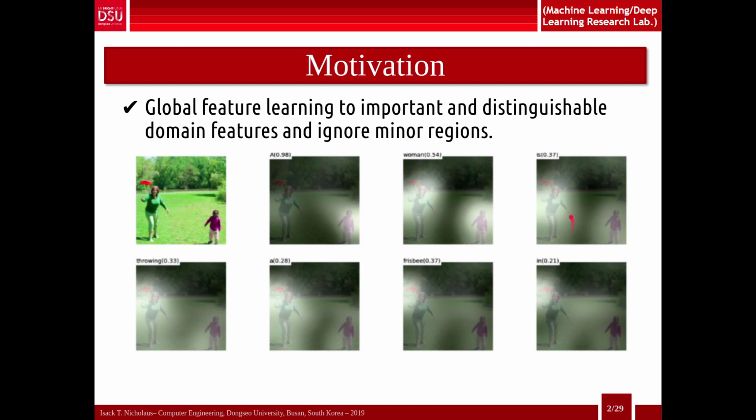And for the next one, it already tries to concentrate on this single object. So this is a very powerful way to find the distinctive features from a certain domain given some kind of input. So this paper uses this idea to find the meaningful features from the given input.